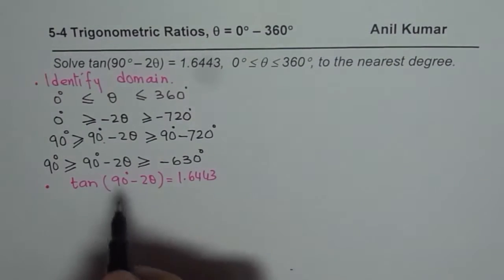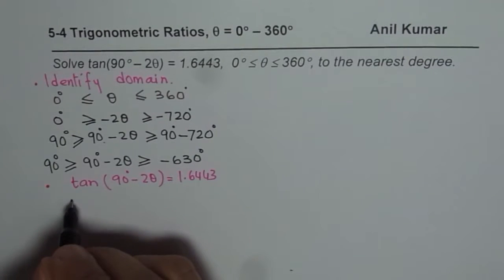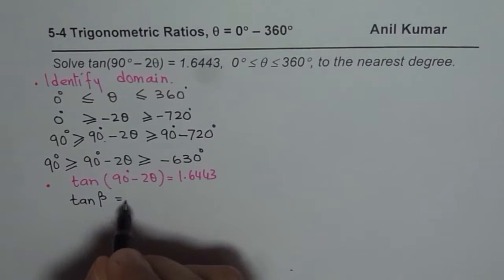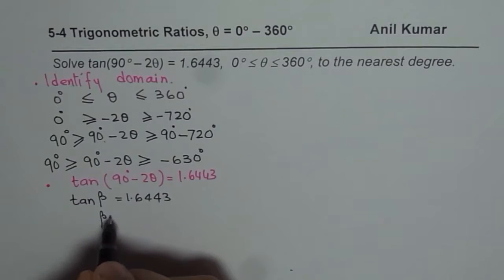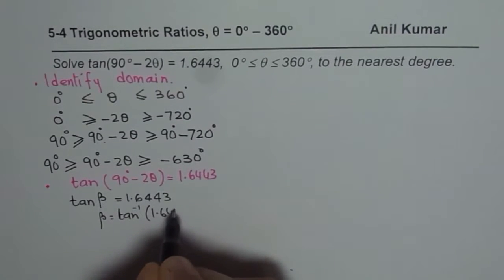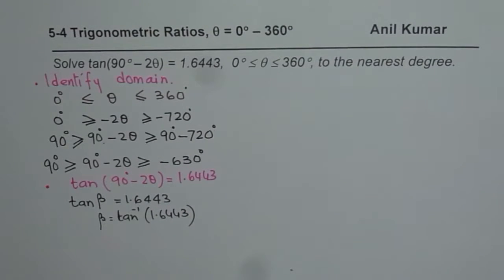So what we can do here is find the acute angle. We'll write this as tan of beta, some acute angle, equals 1.6443, and we say beta equals tan inverse of 1.6443. Let us see how much it is using our calculator.